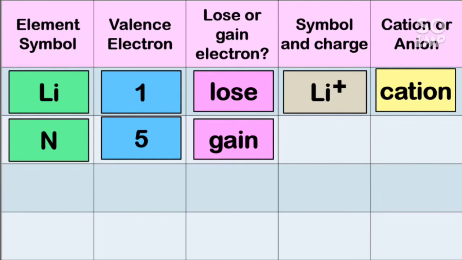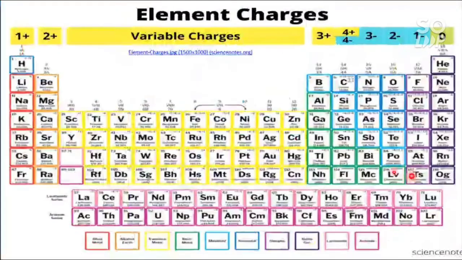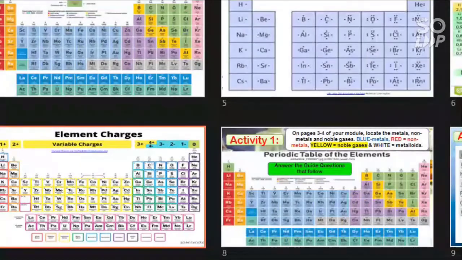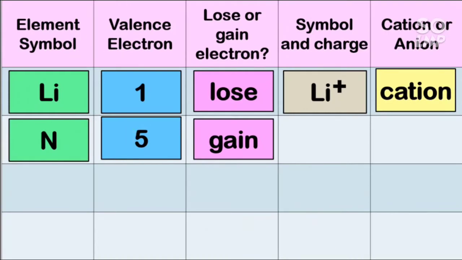Okay? And looking at our charges diagram, we can see that nitrogen has a negative 3 charge. So all you have to do is to look at the diagram that I have presented a while ago so that you can answer this. Nitrogen has a negative 3 charge.